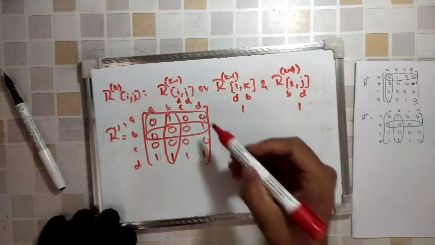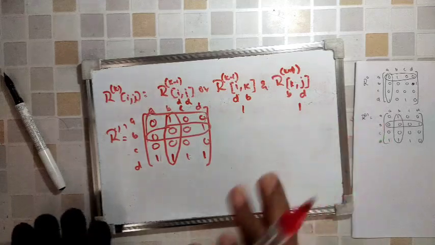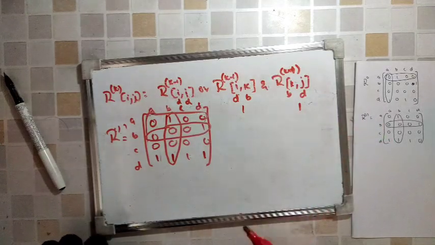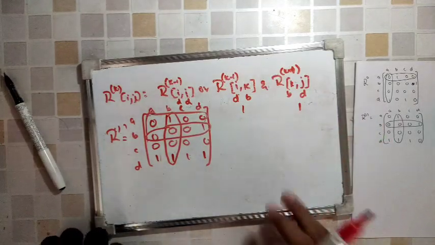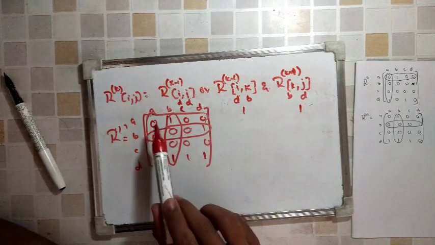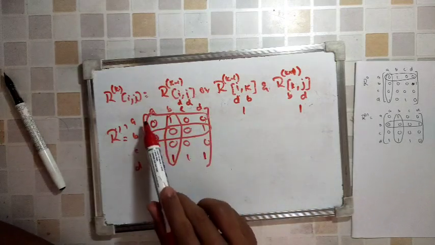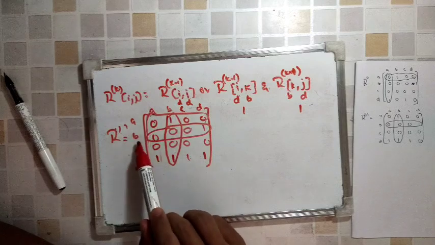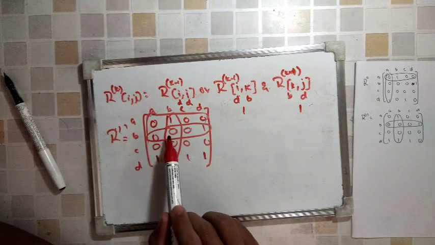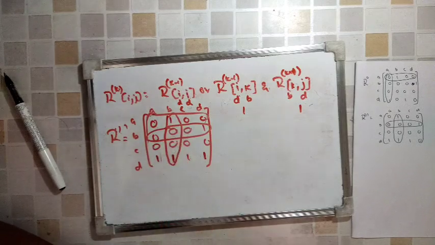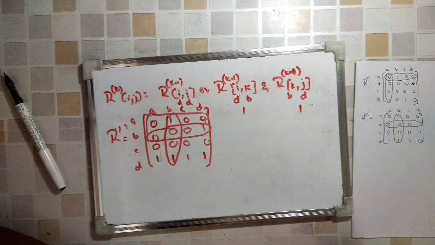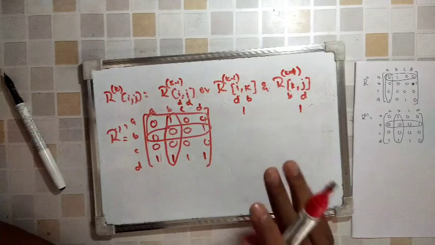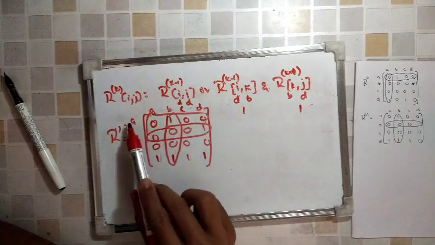Now let me try to find if there are other places which I can change. First see here, a to b is 0, b to a is 0, b to b is 0, b to c is 0. So only b to d is 1. Now I have to find in such a way that I can get, wherever, from other nodes to d.